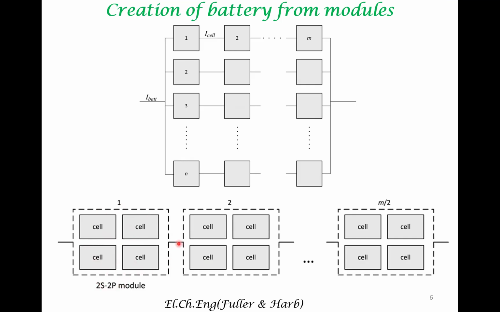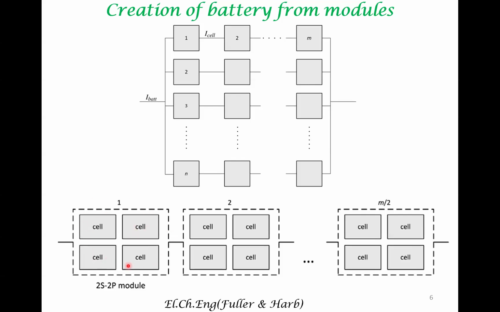The wires that connect in between the modules might be different from the wires that connect in between these cells. The resistance of these wires are different from the resistance of the wires that connect in between the cells within the module.